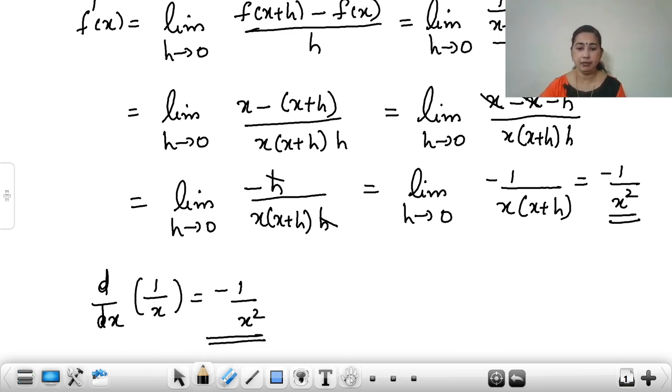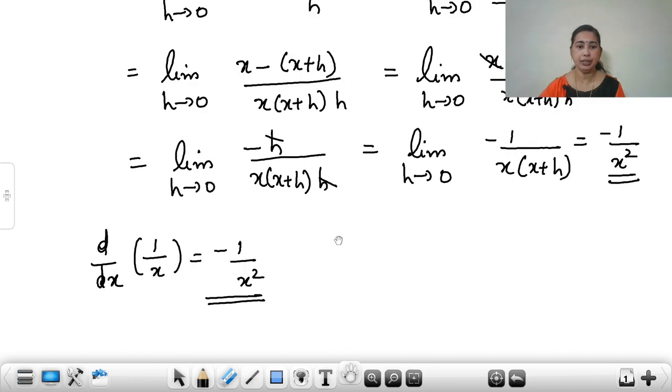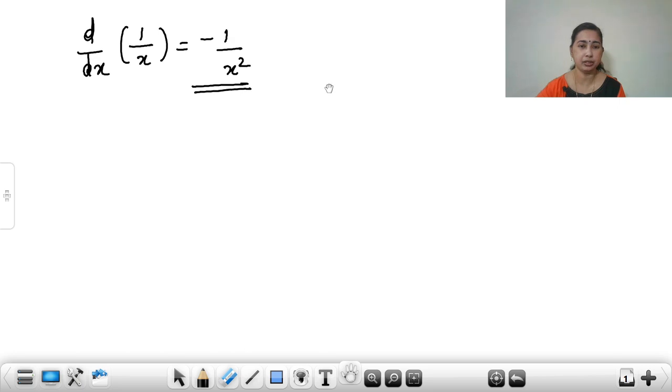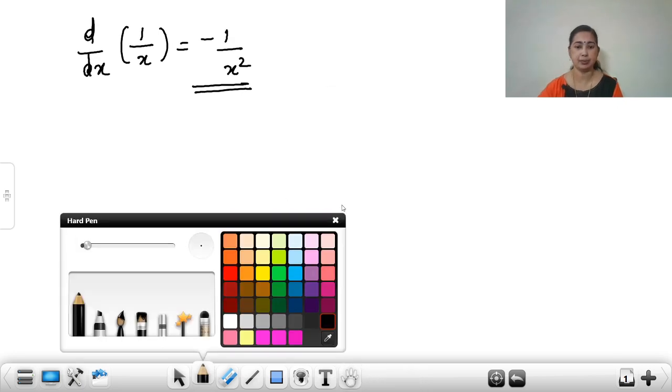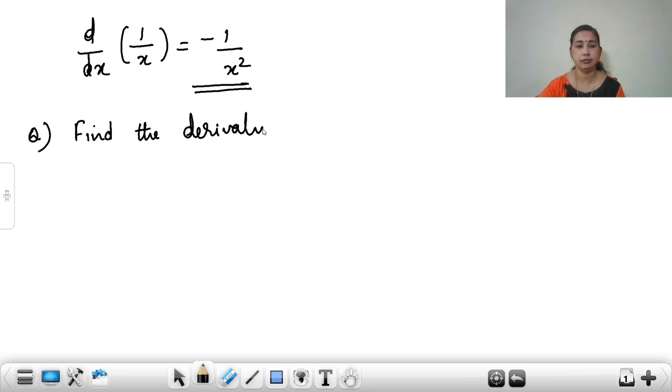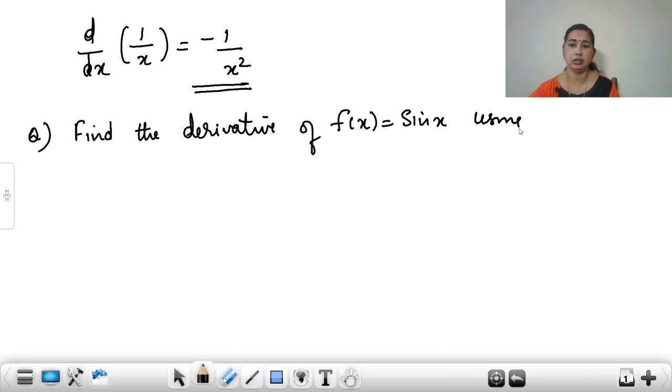Now in the same way we can go for trigonometric functions also. How can we find the derivative of trigonometric functions using the first principle method? So we'll find the derivative of f(x) = sin x using the first principle method.